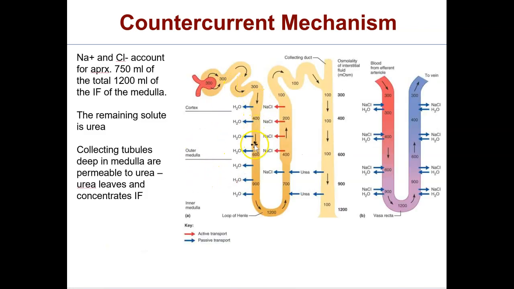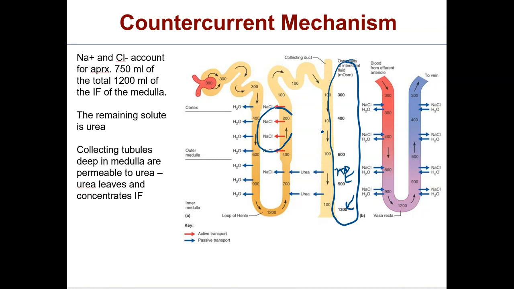Now, as the water leaves, remember that concentrates the filtrate so the salts can leave. The salts that leave are going to hang out in the interstitial fluid. So as salts leave, it's going to get more concentrated. But what we know is that technically the salts, all this sodium chloride that leaves, they really only get it to maybe about 750 or so.